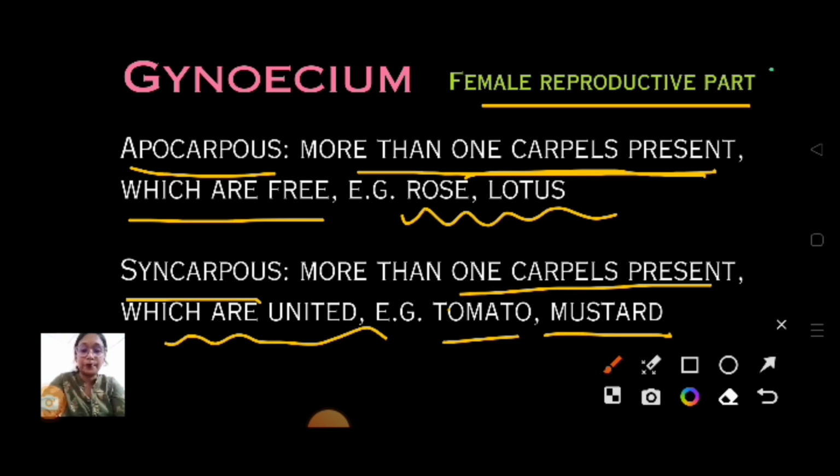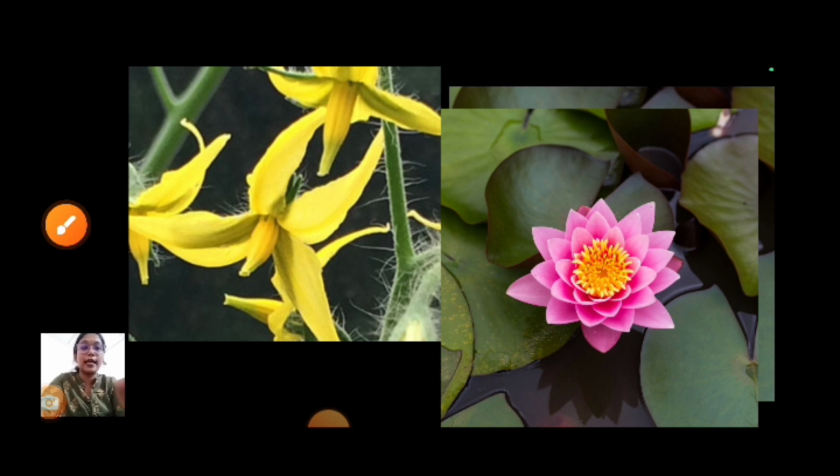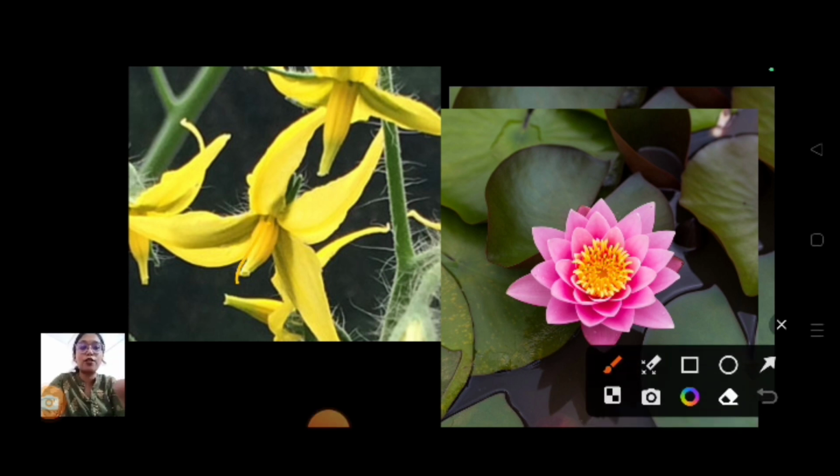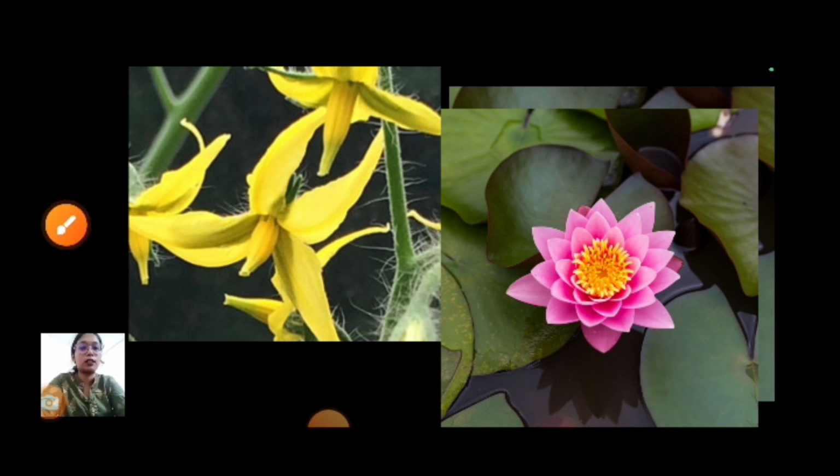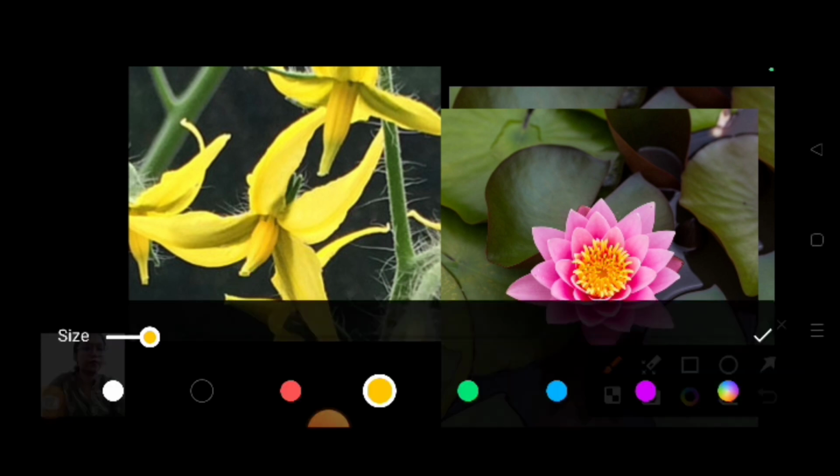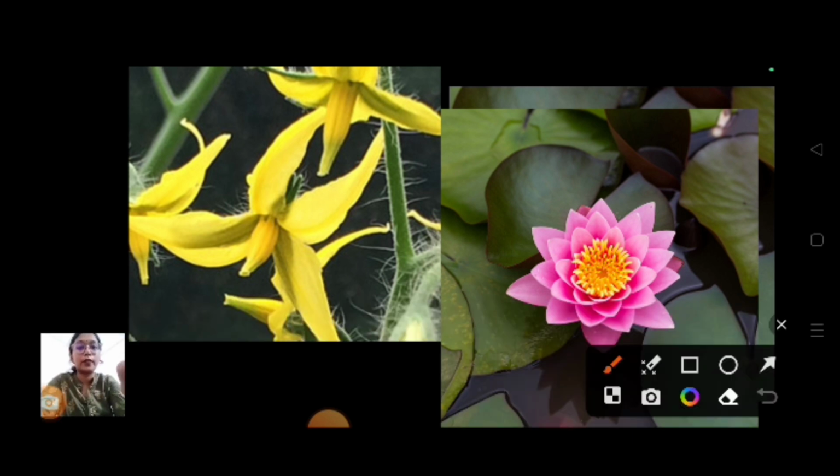Is it clear? Apocarpous and syncarpous. I'll show you a picture of it. See, syncarpous condition in case of a tomato flower. See, it is jointed, no? The syncarpous condition in case of tomato flower. Okay, it is jointed.